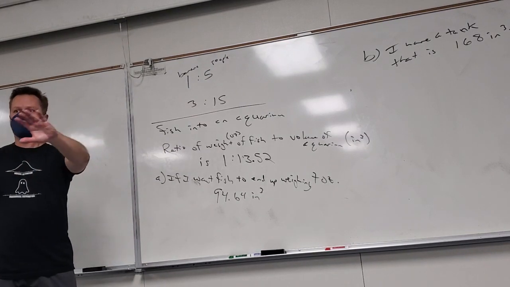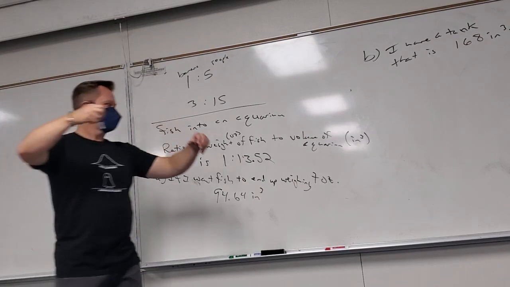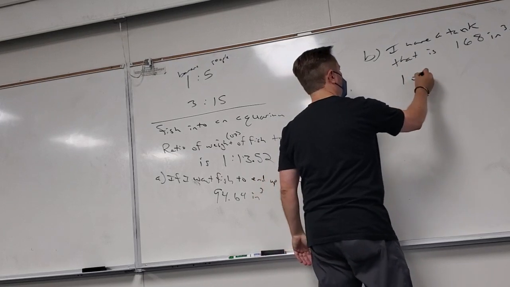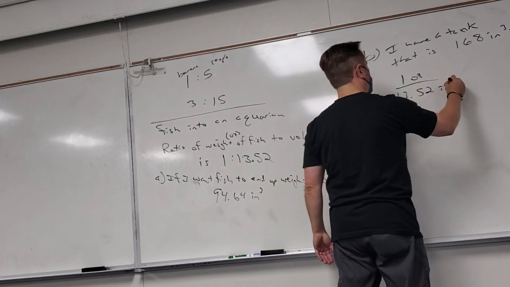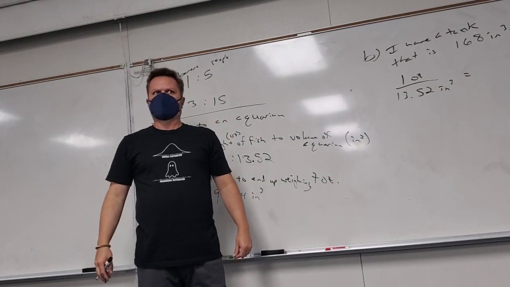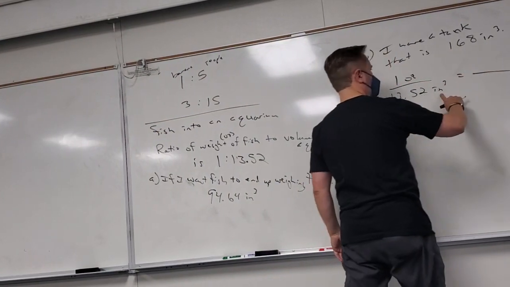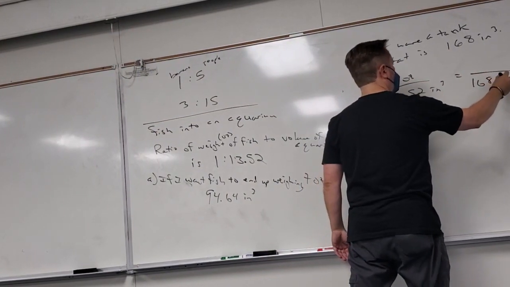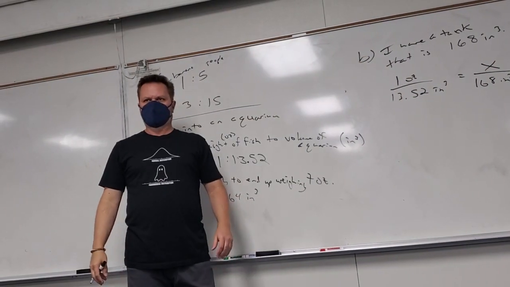One way you could always do it is to set up a proportion. Then we have 1 ounce to 13.52 cubic inches. And what is it that I know? I know I have an aquarium that's so many cubic inches big, and what I want to know is how big of a fish that will make, right?